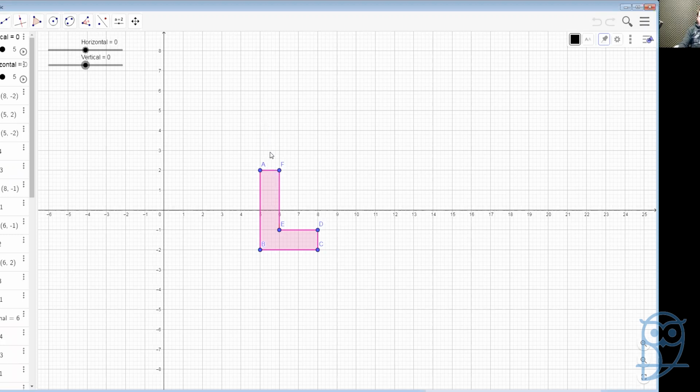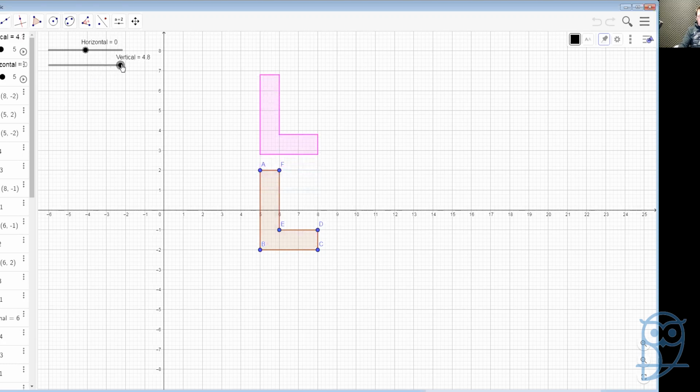All right, so what I've done is I've created a base brownie orange shape, and then I've overlaid a pink shape over that we're going to be moving. All right, so if I want to move the shape vertically, and I have a vertical translation, we can see that the shape is now moving upwards.